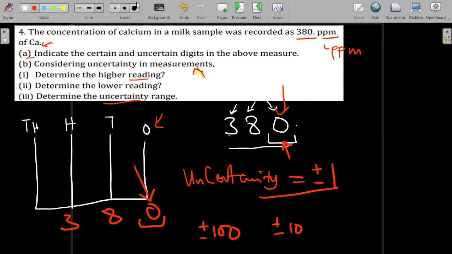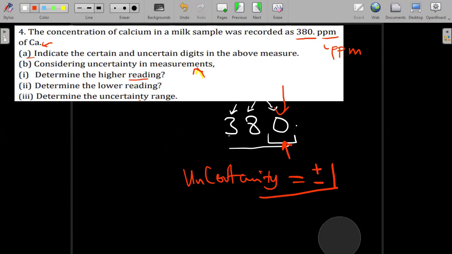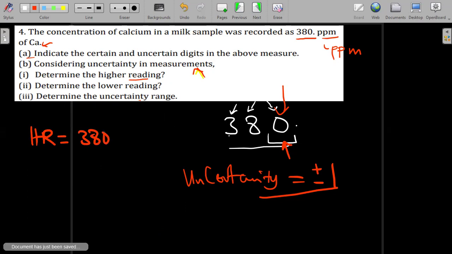From the uncertainty, we are going to use it to find the lower reading and the higher reading. The higher reading is equal to the reading itself plus the uncertainty, which will be 1. So the higher reading will be 381.